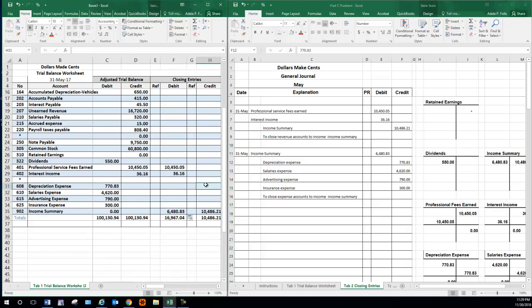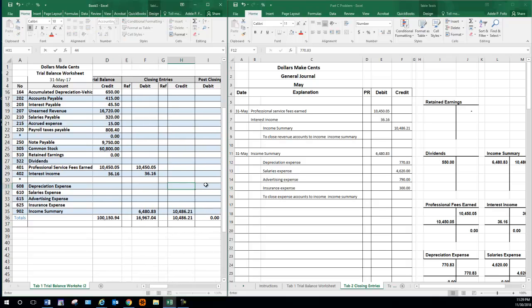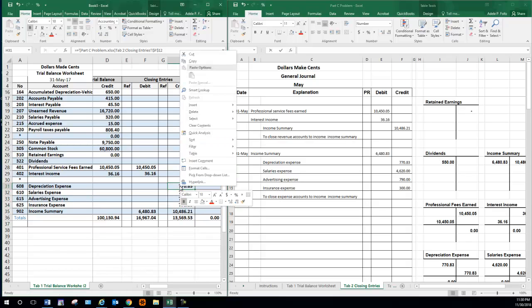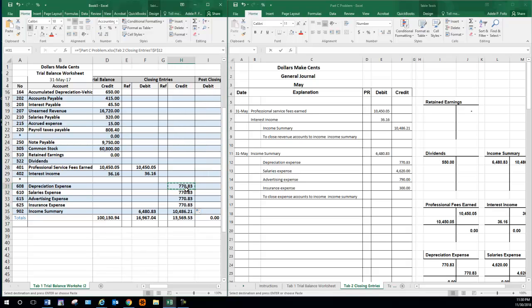So we're going to credit our depreciation expense. Whoops. You know what I'm going to do? Instead of typing in, I'm just going to go grab it. And, not sure if you guys know anything about Excel. Whoops, that's not what we wanted to do. We wanted the formula. Let's see if it'll do it if I paste the formula.